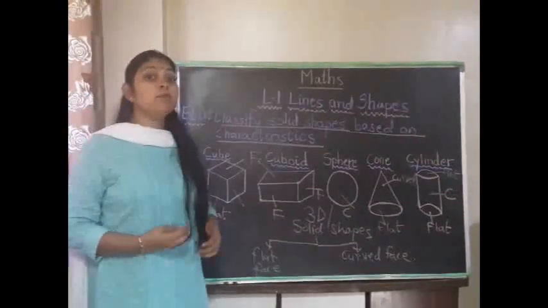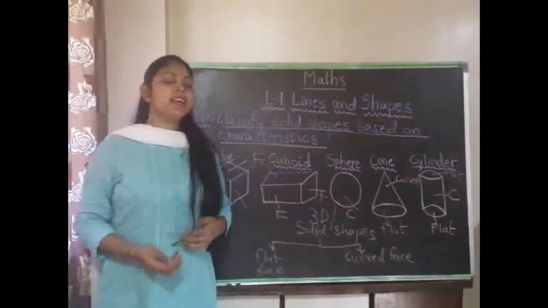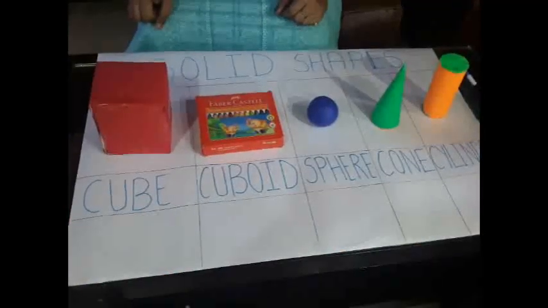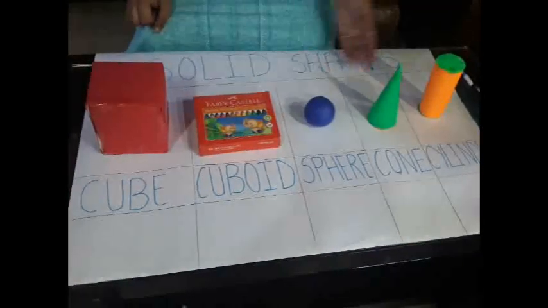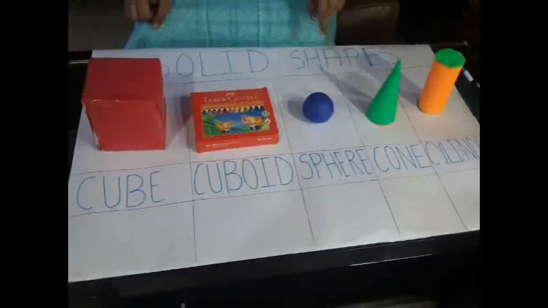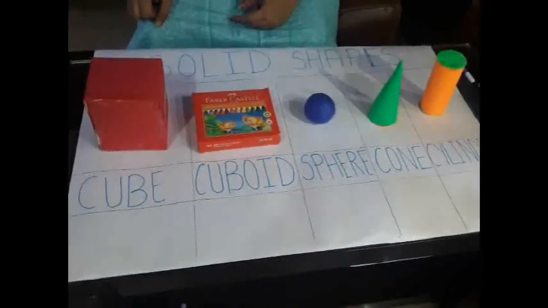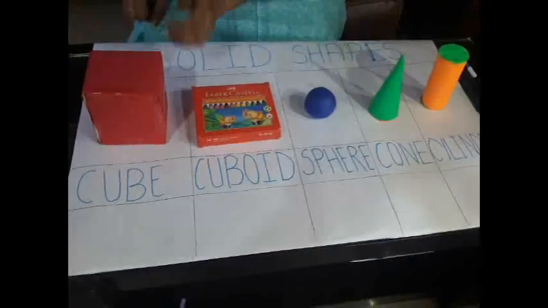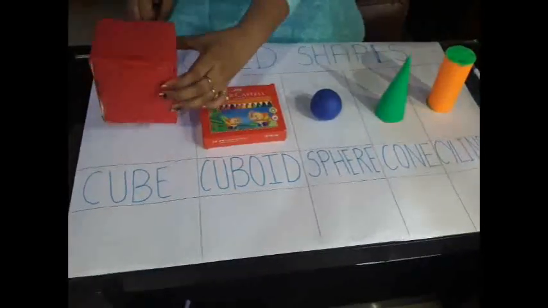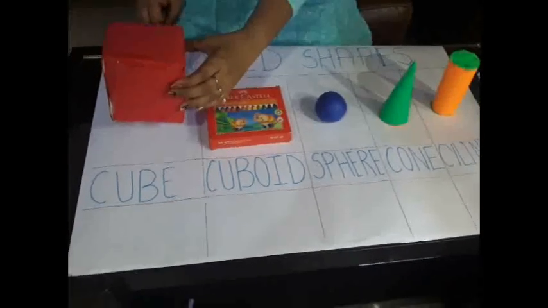So, I have made some models to make you understand this concept. Students, I have made these models to help you understand the concept of solid shapes in a better way. Let us see what a cube is with the help of this model. This is a cube. Yes, this looks like a box.